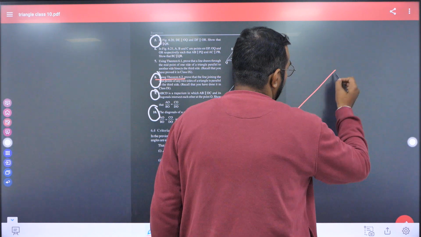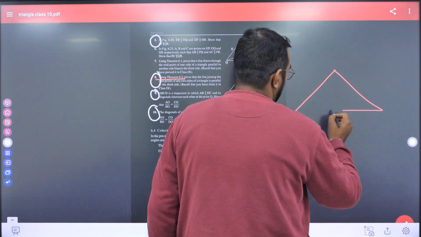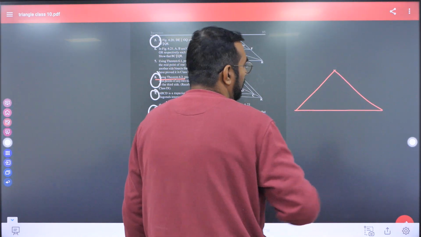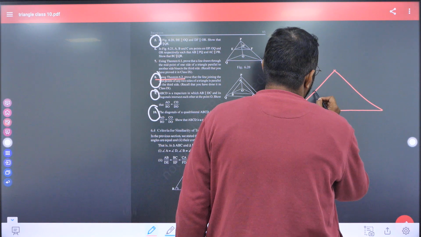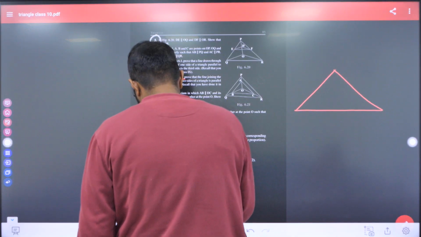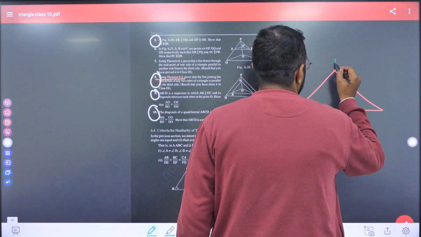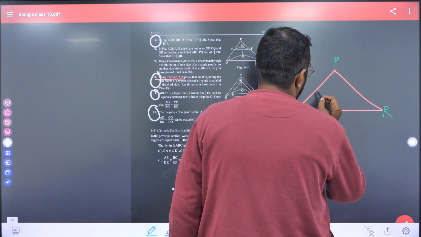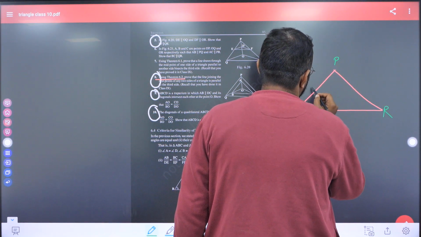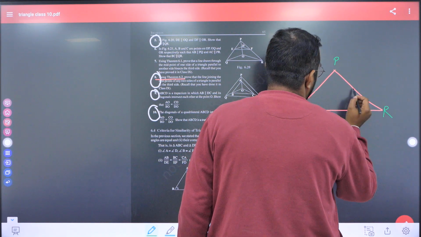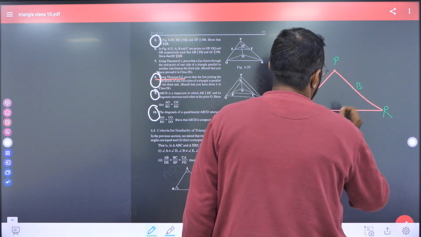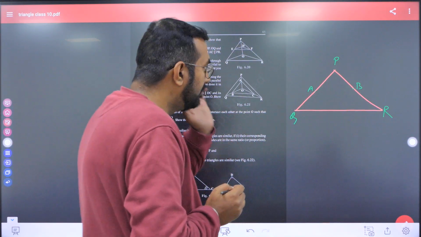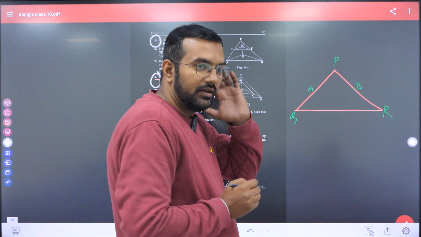What is it saying? It is saying the line joining the midpoints of two sides. We have a triangle PQR, and here A and here B are midpoints of PQ and PR.